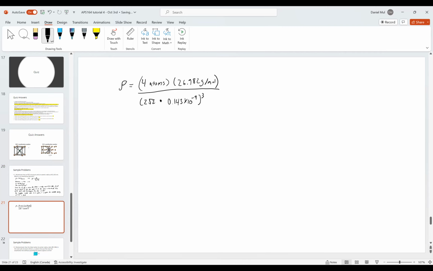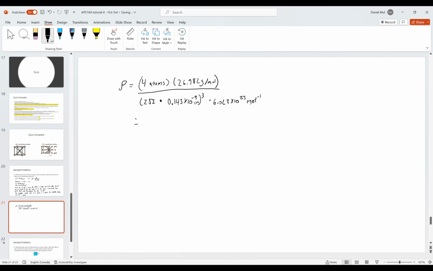And then I think this is in centimeters. I think this number you can just Google, but usually it'll be given.